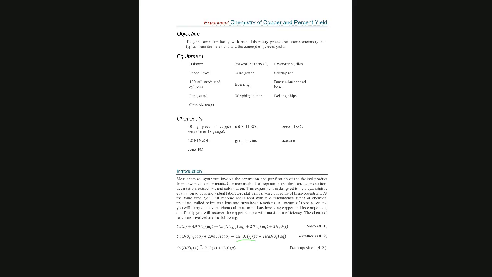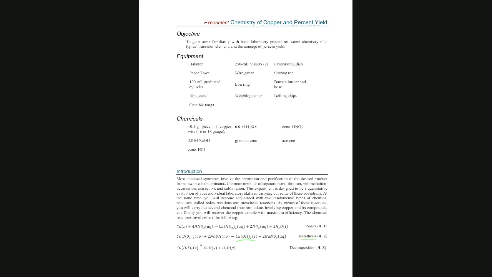Now, what kind of reaction is that? Here it says metathesis. What are metathesis reactions? If you remember, we went over in the previous workshop that positive ions switch places and get new negative ions. So what do we have here? We have the copper.